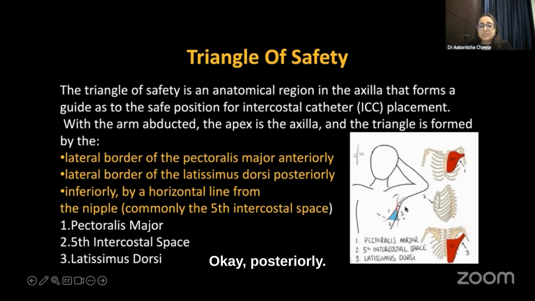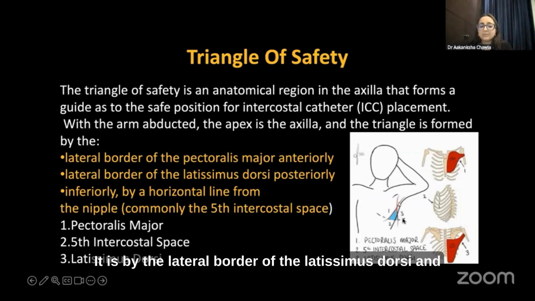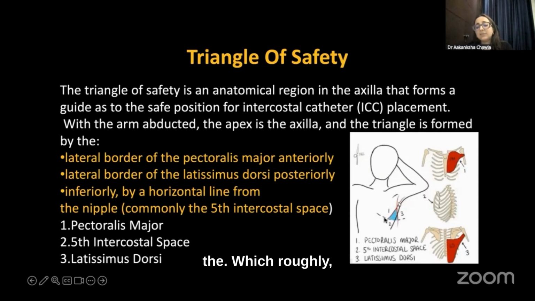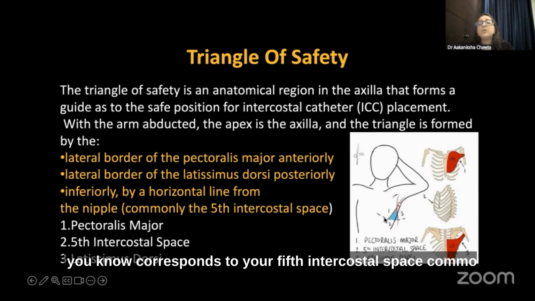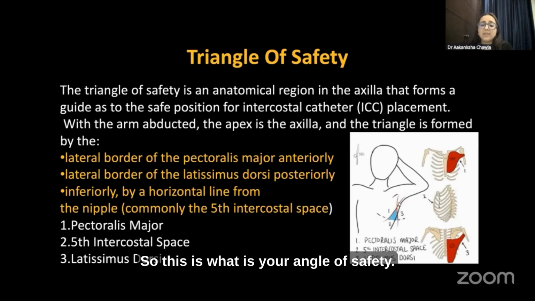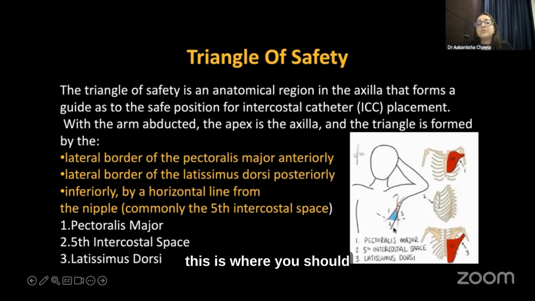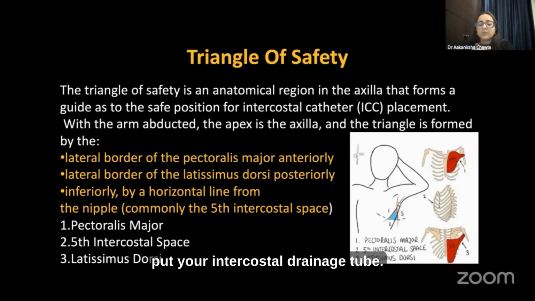Posteriorly, it is the lateral border of the latissimus dorsi, and inferiorly, it is a horizontal line at the level of the nipple, which roughly corresponds to the fifth intercostal space. So this is your triangle of safety. This is what you should always identify, and this is where you should put your intercostal drainage tube.